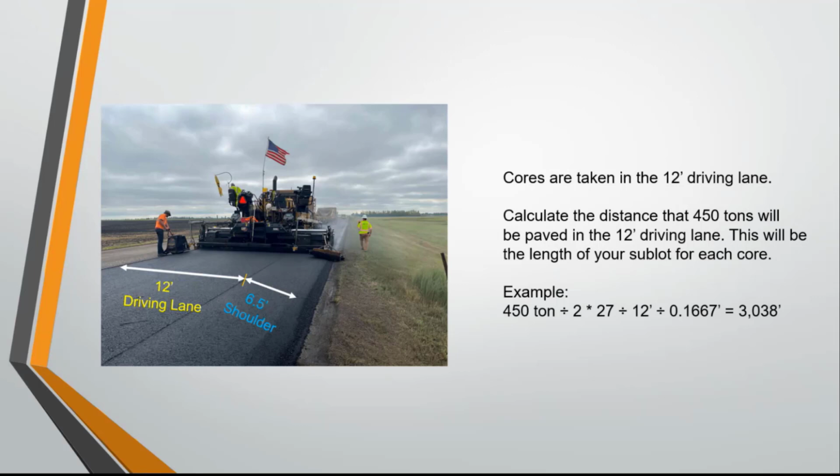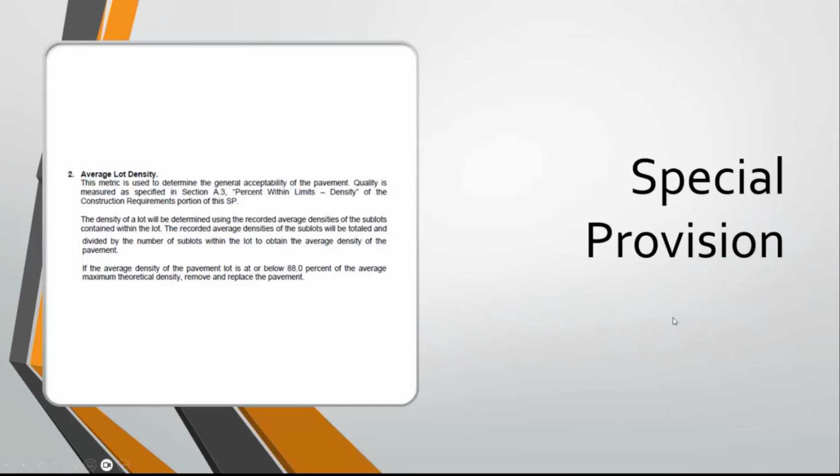This goes over a calculation. If you have a 2-inch lift, you take your 450 ton divided by 2 tons per cubic yard, times 27 cubic feet per cubic yard, divided by your width, which is 12 feet, and divided by your depth, and it comes out to about 3,038 feet per core.